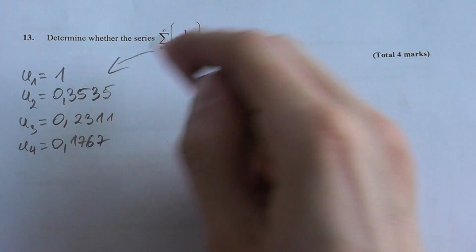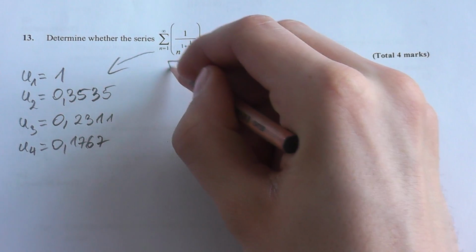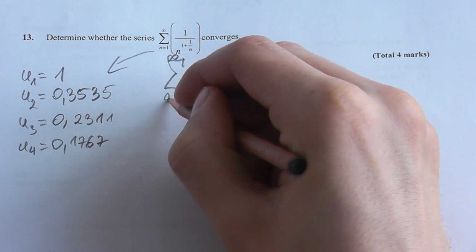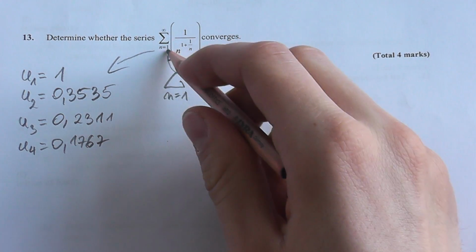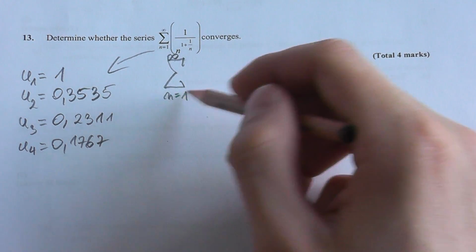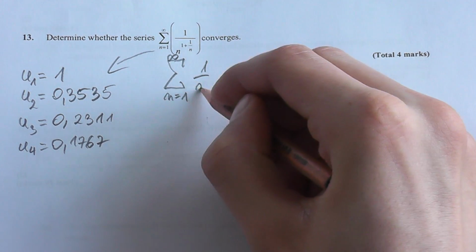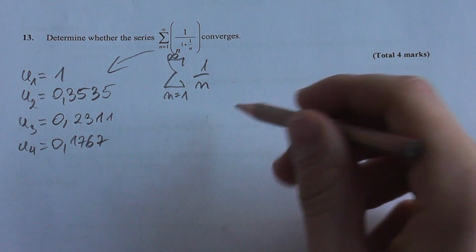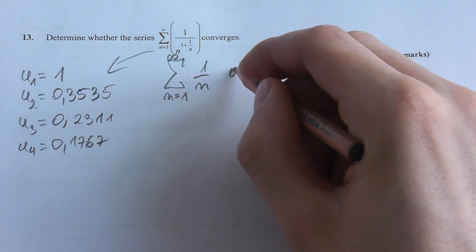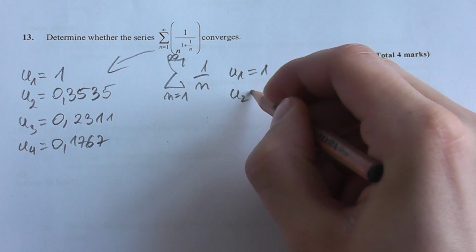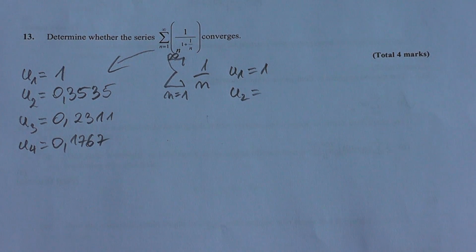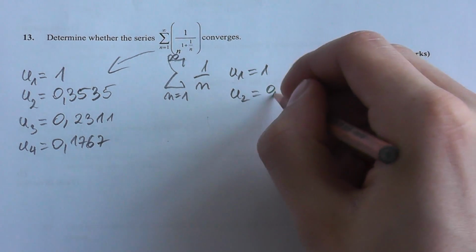So that's for this series. And we're going to compare it to the sum to infinity from n equals 1 of 1 over n. The terms of this one, obviously it also starts with 1, but then the next term is 0.5.